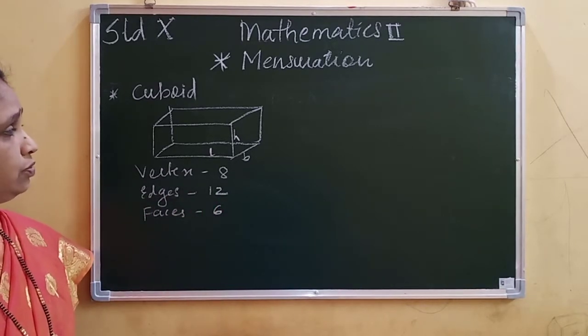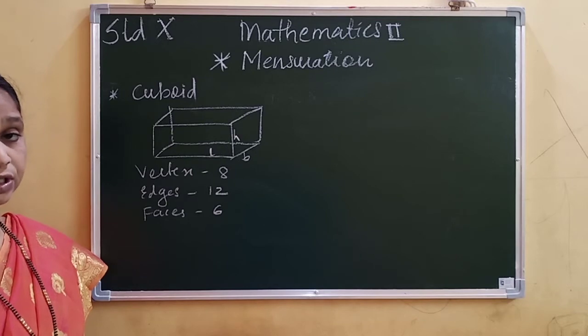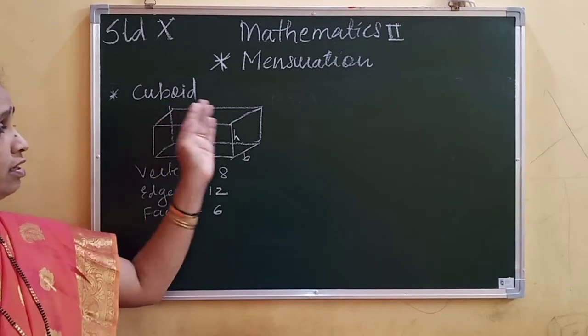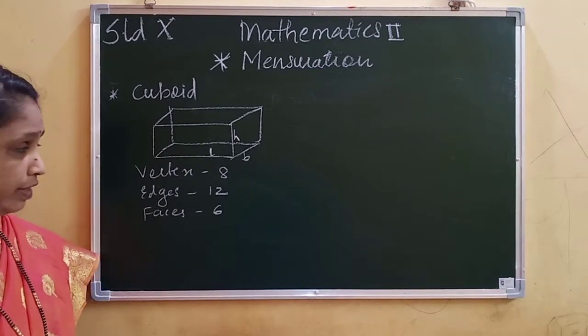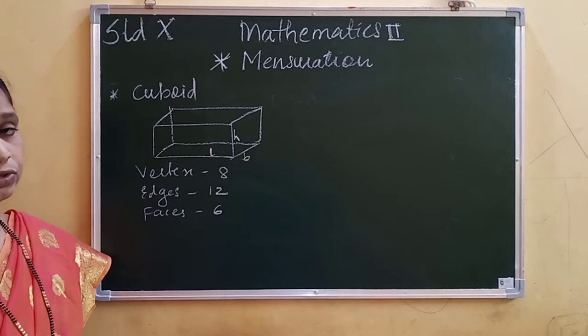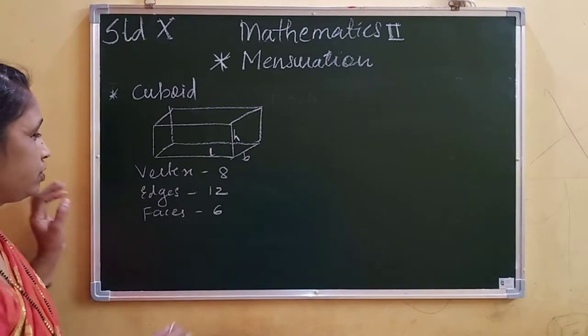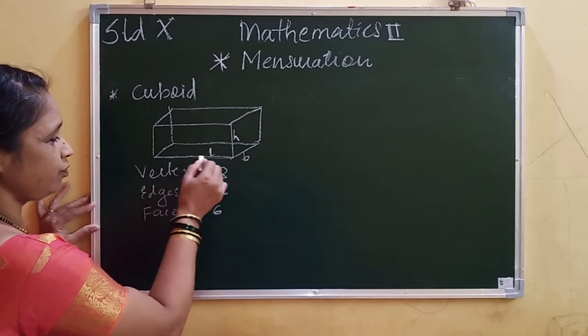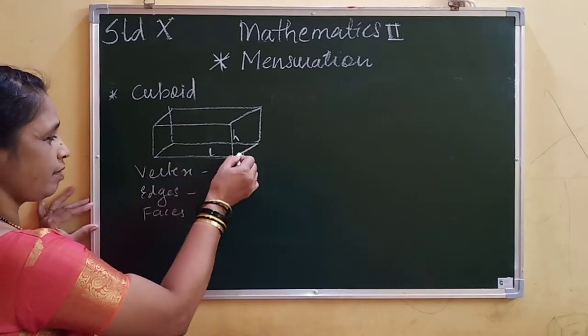Now see, we have to derive the formulas for this. Now the total surface area: what is the surface area covered by this cuboid, we have to find. So how many faces is a cuboid having? 6 faces. So how will we find its surface area? See, here one face has length and this breadth.